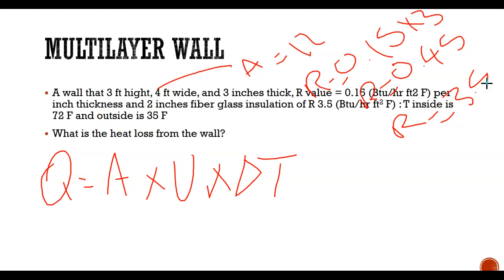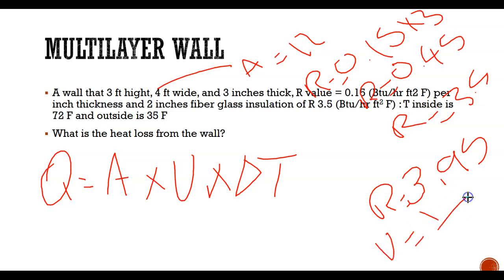So if we added those two together, the R value will be 0.45 plus 3.5. That's 3.95 total. And I'm trying to calculate, okay, so this is our value. What is U?